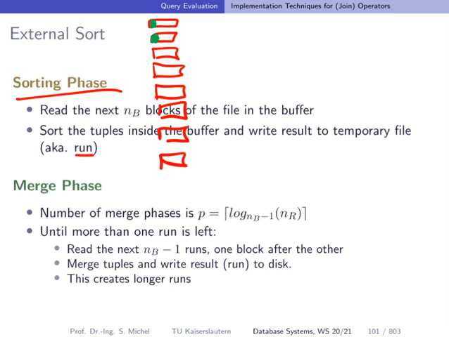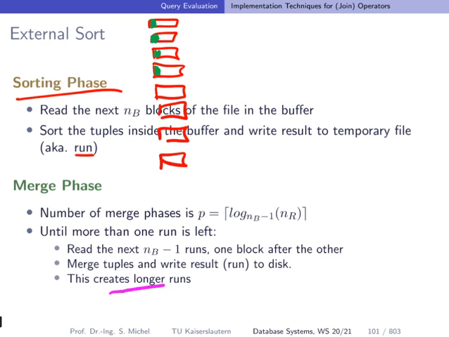So if you have NB space available in the memory buffer, we can read one block from NB minus 1 of these runs, right? NB minus 1, because one block needs to be reserved to create the output blocks that will be written to disk in the output file after they merged. So NB minus 1 of these runs can be merged in one step.